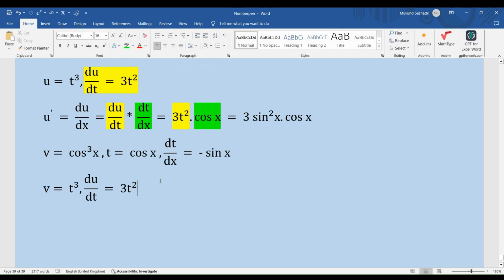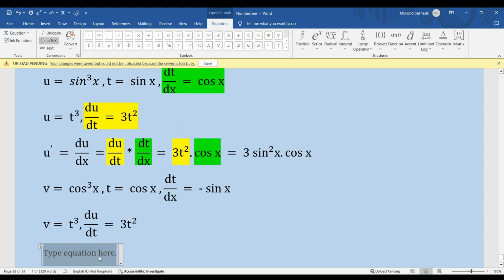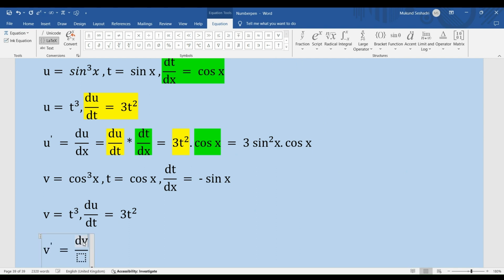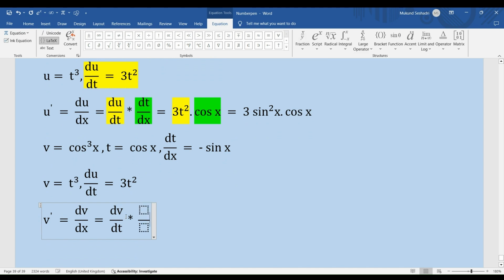So what is my v dashed? My v dashed is nothing but my dv by dx, right? So what is my dv by dx by chain rule? It is nothing but dv by dt into dt by dx, right? I'm sorry, this is dv by dt.